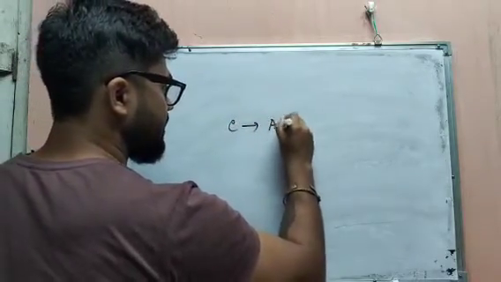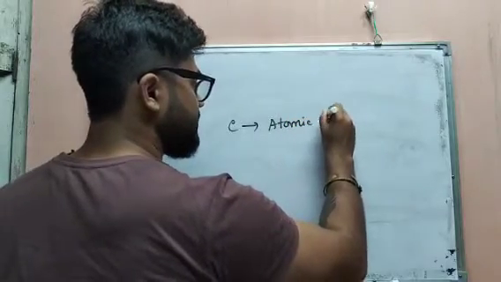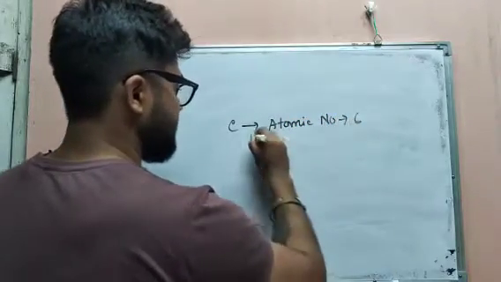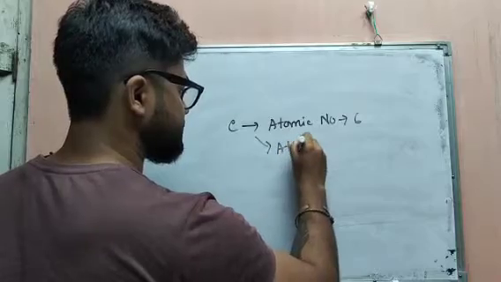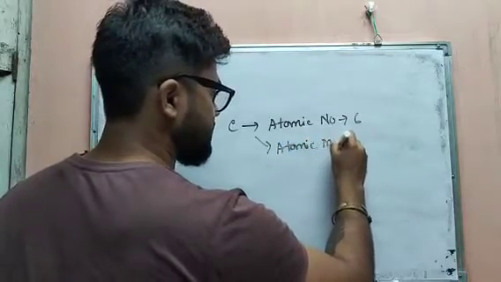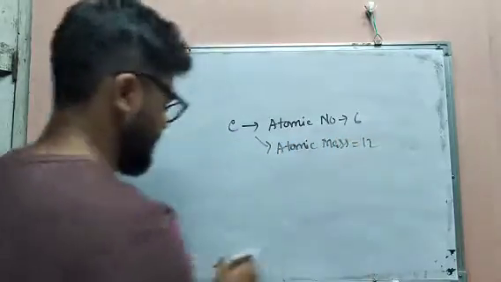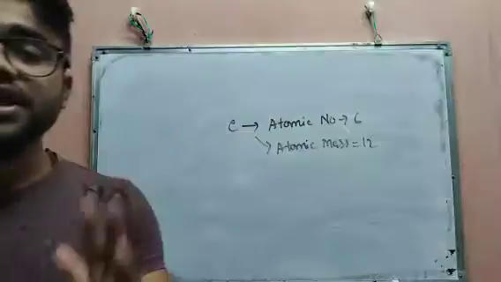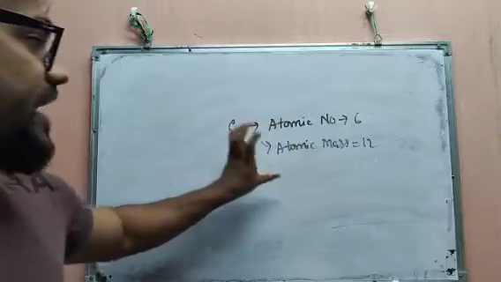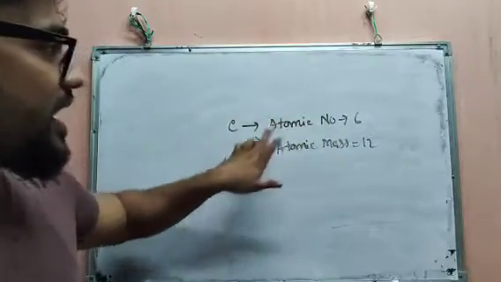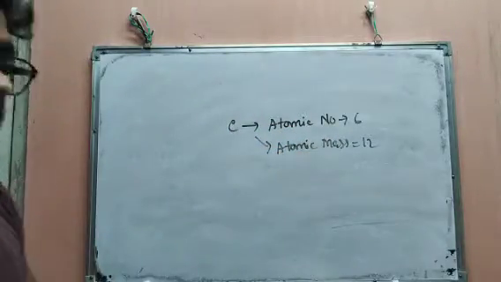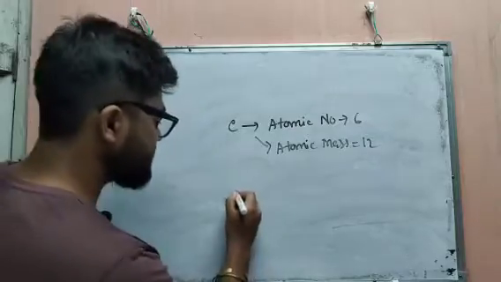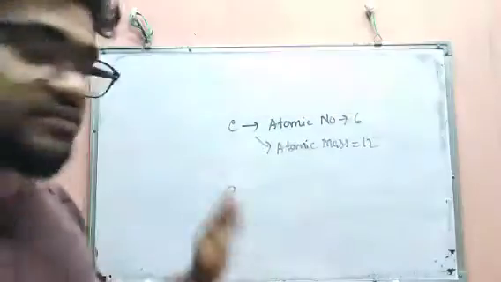The atomic number is 6 and the atomic mass is 12. When carbon has atomic number 6 and atomic mass 12, you can write the atom along with the atomic number and atomic mass in a formulated way. The way is: first you have to write the symbol of the atom, which is C.